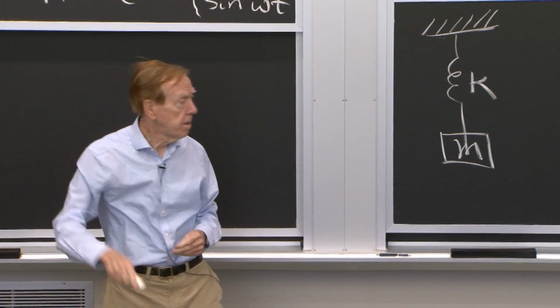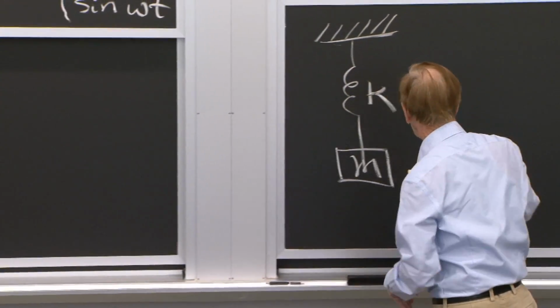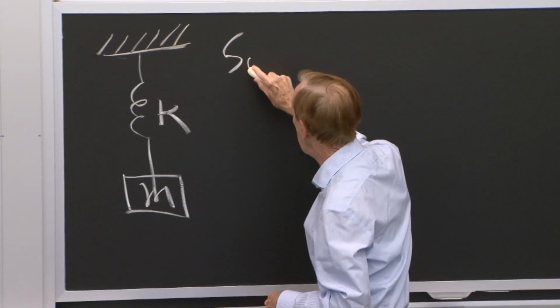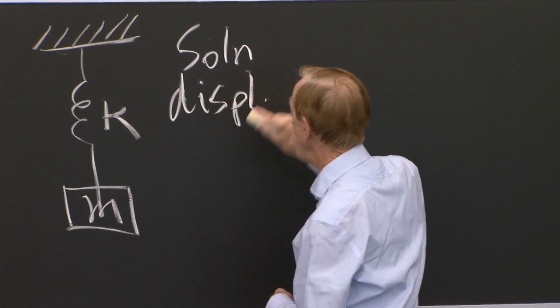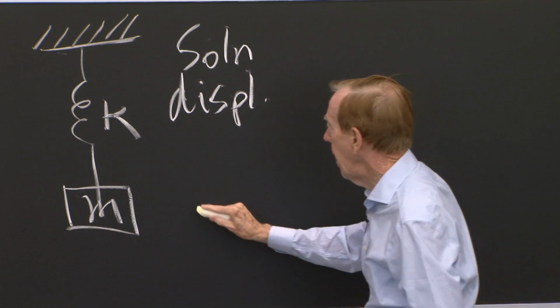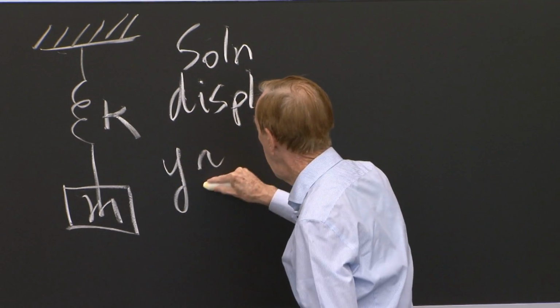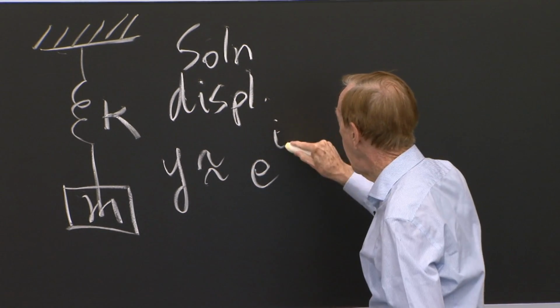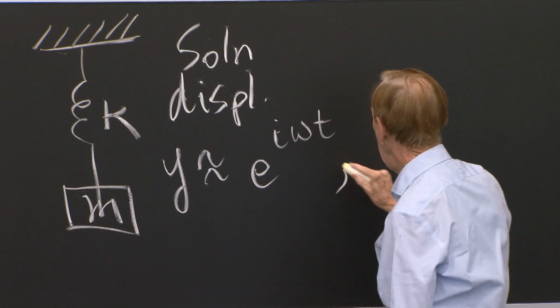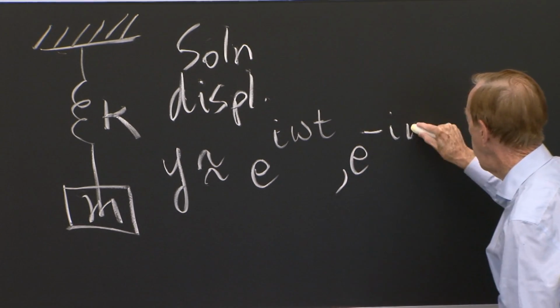The solution, the displacement up and down, y, will involve e to the i omega t and e to the minus i omega t.